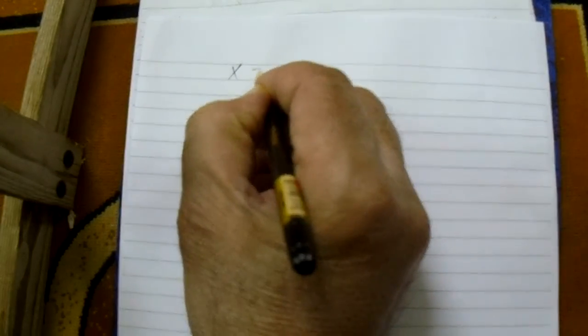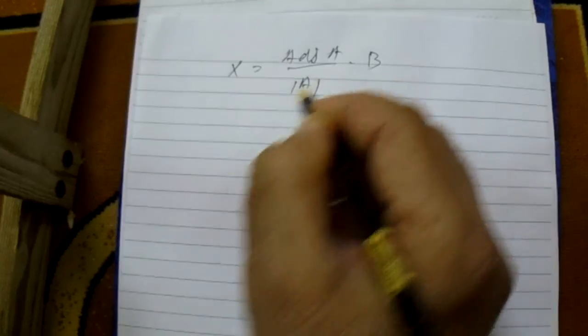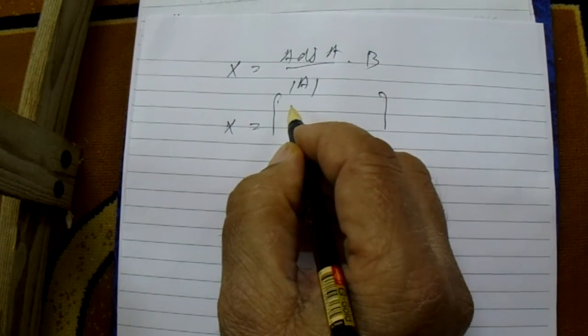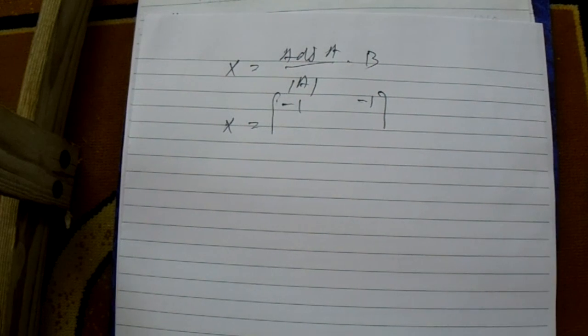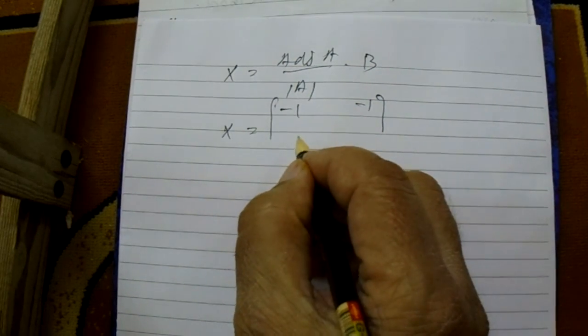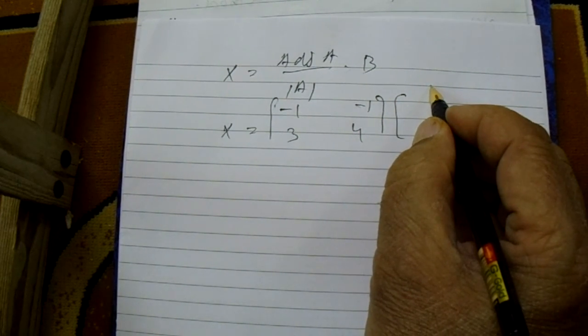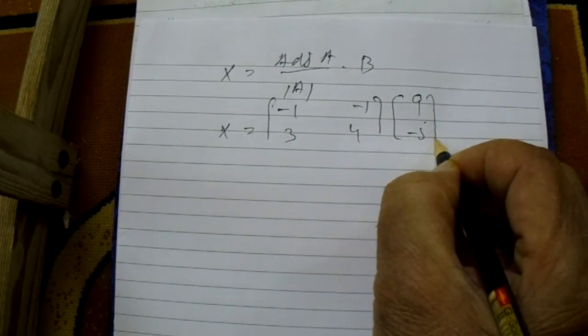Again we write here X is equal to adjoint A over determinant A multiplied by B. This is determinant A. X is equal to, we write here adjoint: minus 1, minus 1, and 3, 4, multiplied by B. B is equal to 9, minus 5. Now this is our B.